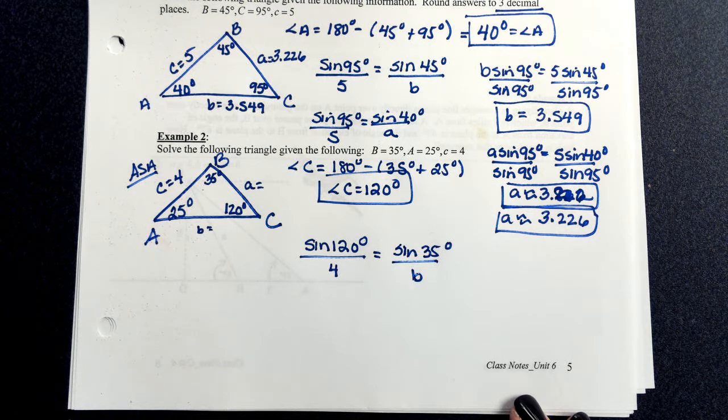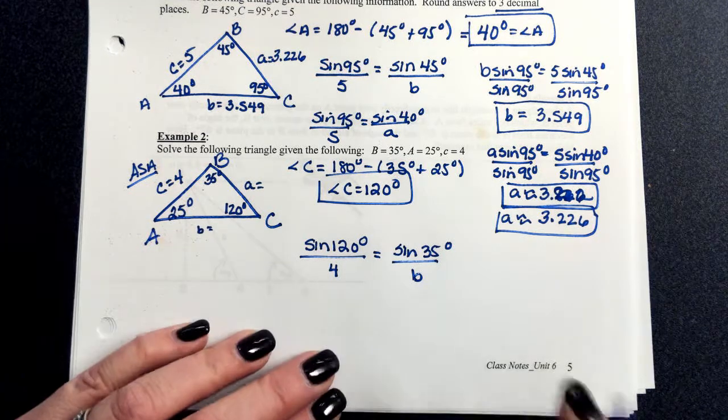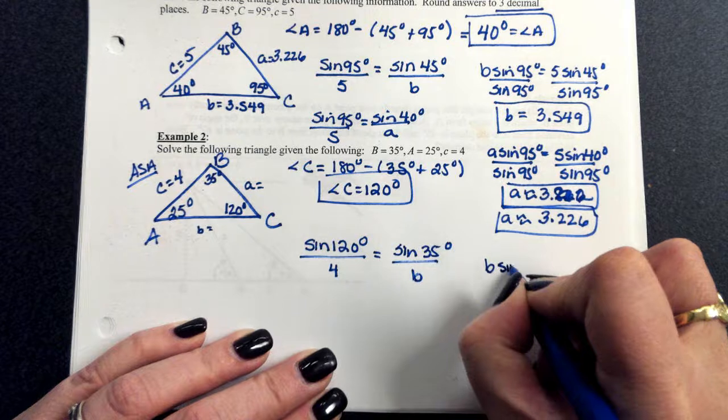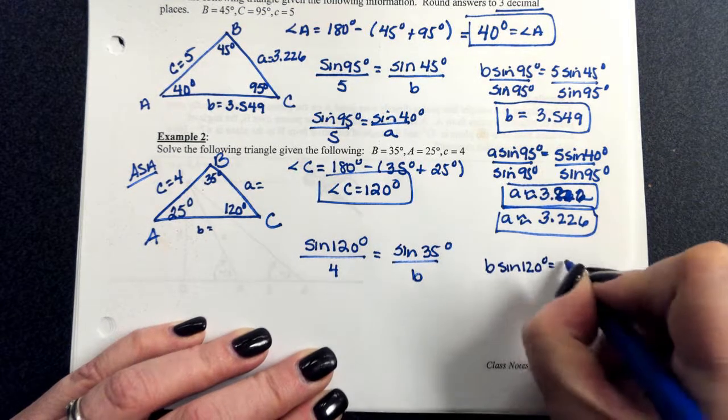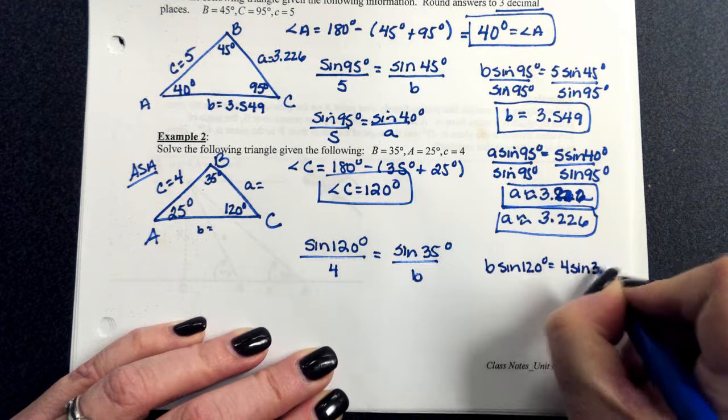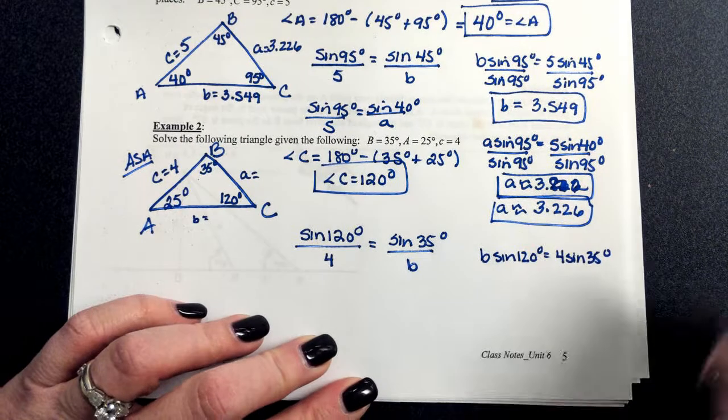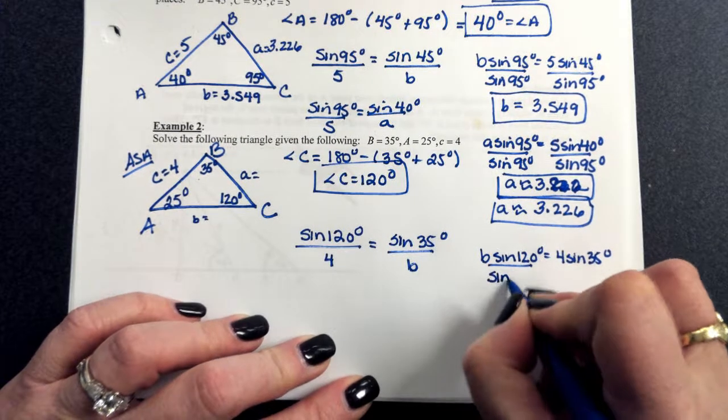So just like I did in the other example, what am I going to do to solve for B? I'm going to have to do what? Cross multiply. So B times the sine of 120 is equal to 4 times the sine of 35 degrees. And I'm going to divide by sine of 120.